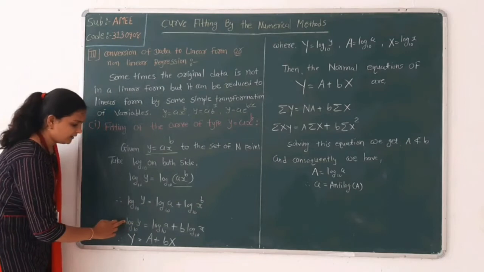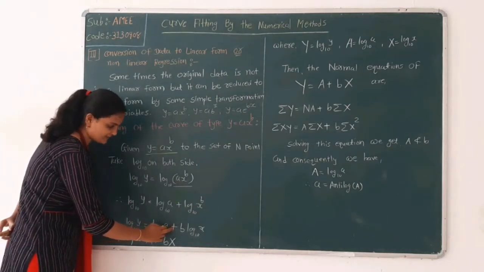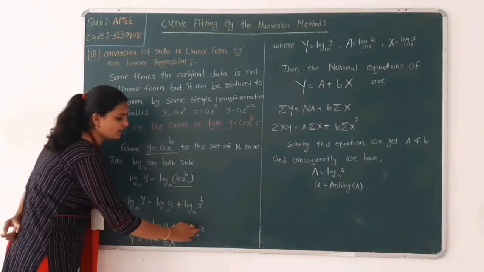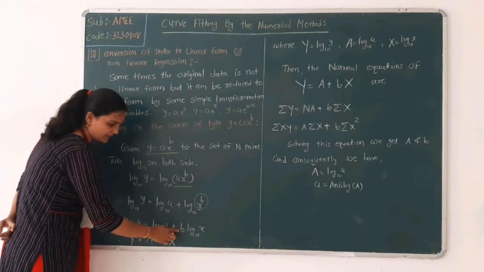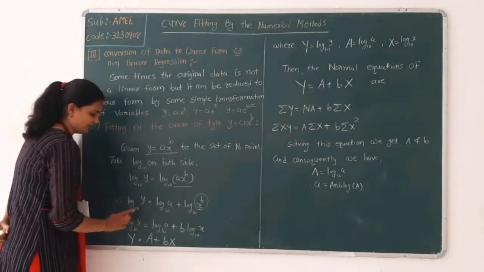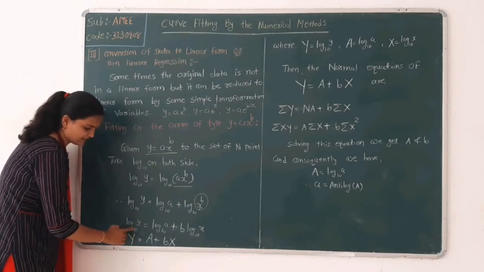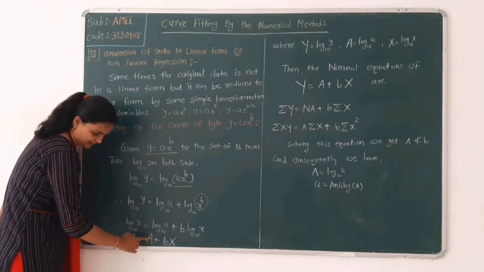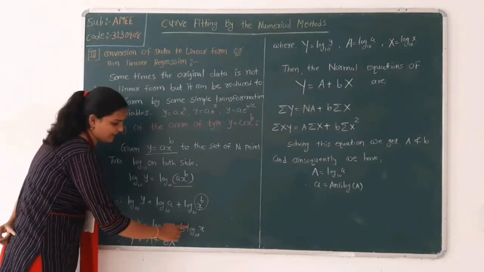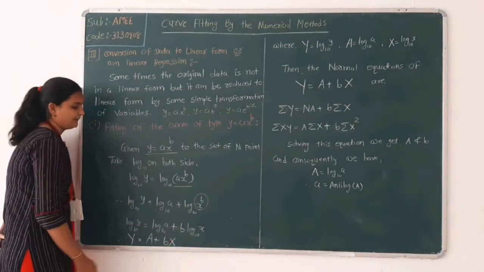So log y equals log a plus b log x. Now we write log y to the base 10 as capital Y, log a to the base 10 as capital A, small b, and log x to the base 10 as capital X.